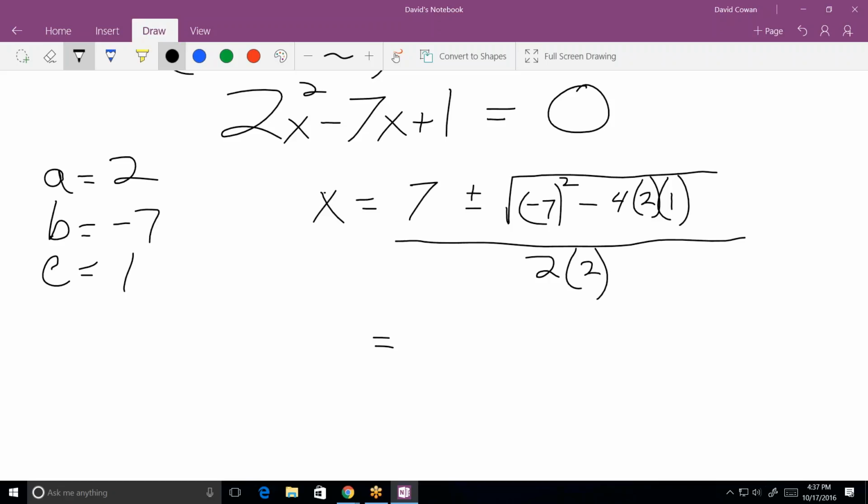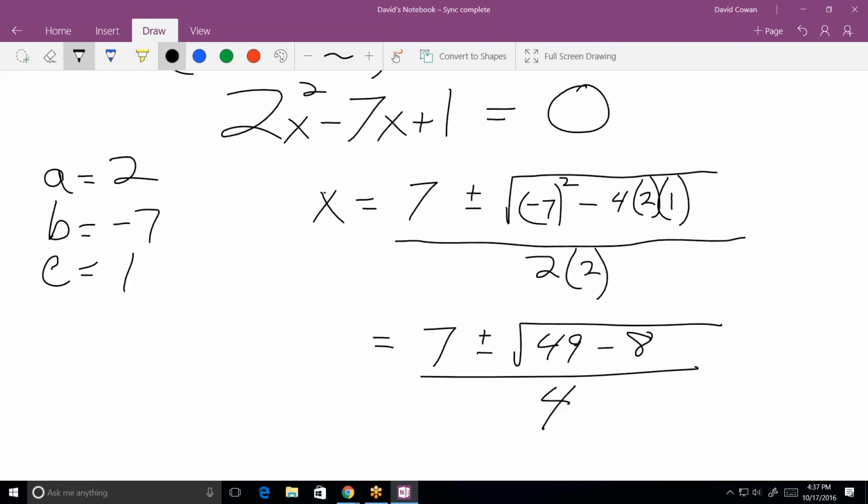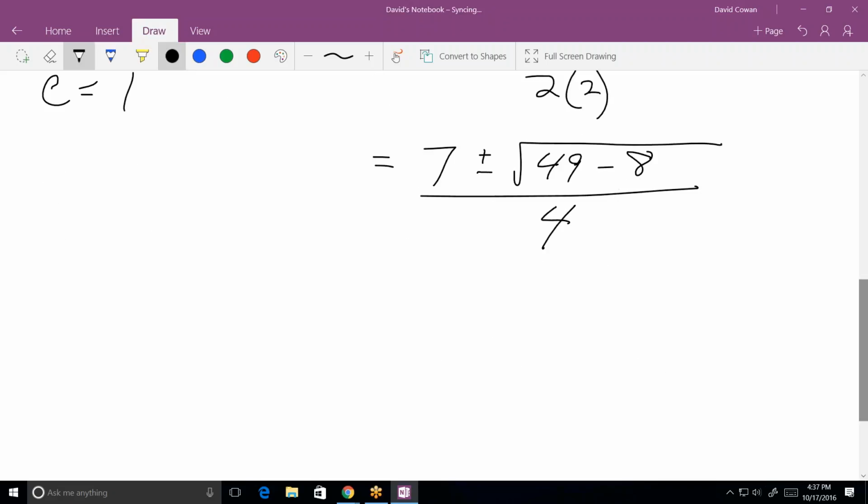Hold on, I didn't catch the first part. Oh, well, the first one would be 7 plus or minus the square root of 49 minus 8 over 4. Okay, let's keep simplifying. And that'll be 7 plus or minus the square root of 41 over 4.